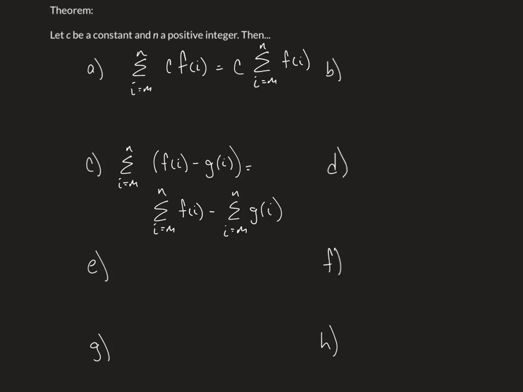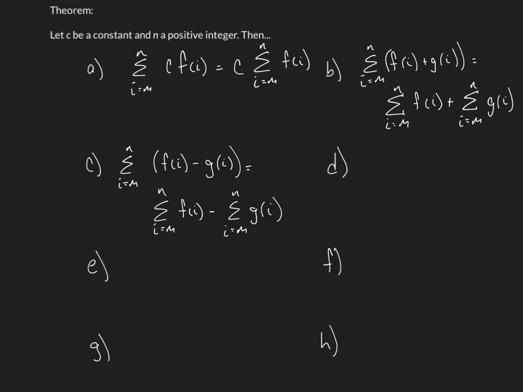Right? So this works with addition and it also works with subtraction. We'll have our other one here be the same thing, just with addition. So that's another trick that we'll want to use. If we can separate these components, just like we would with limits, you'll see that these laws have a lot of parallels with our limit laws.